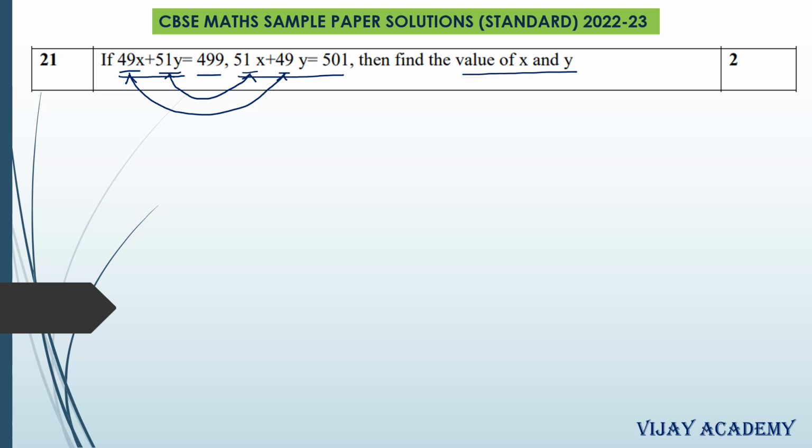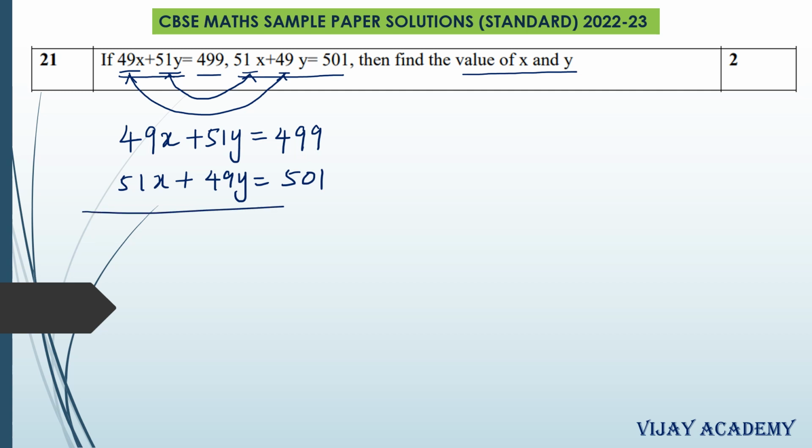So let us add these two equations first. Equation 1 is 49x + 51y = 499 and equation 2 is 51x + 49y = 501. Adding 49x and 51x we get 100x.